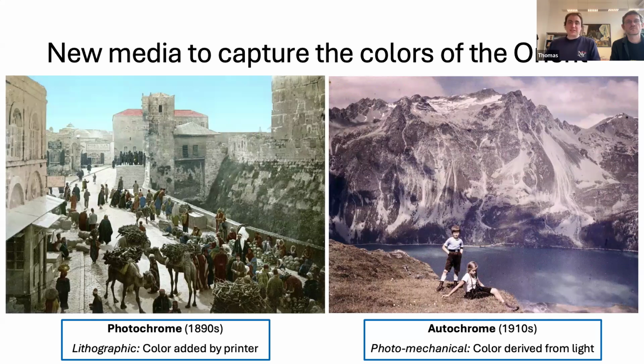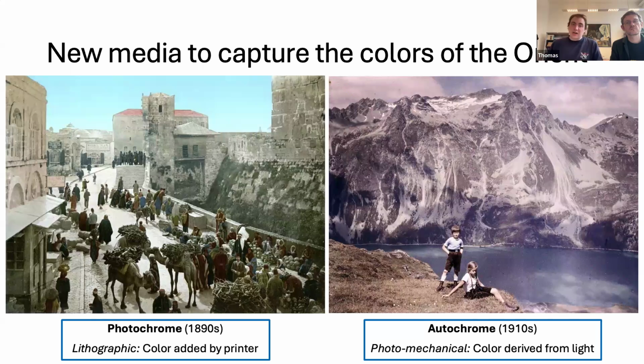So this is the background, and then we started our research with two photographic collections, and these basically represent two new color media to capture the colors of the Orient around the turn of the 20th century, right? So on the one hand, we have the photochrome, a technique which was invented around the 1890s. And this is a lithographic technique where printers added very highly realistic colors to black and white images and then printed them using different tint stones. So this is all a printing technique.